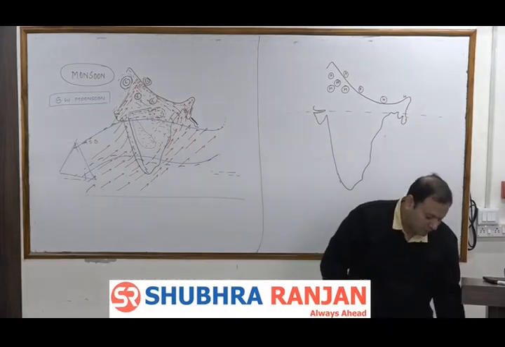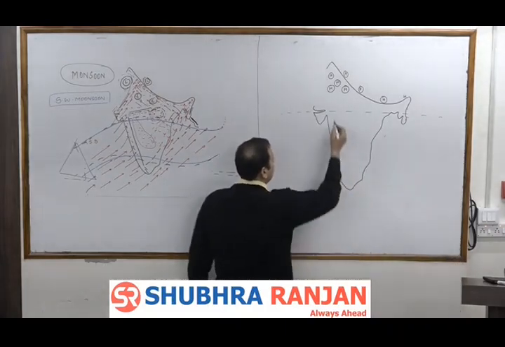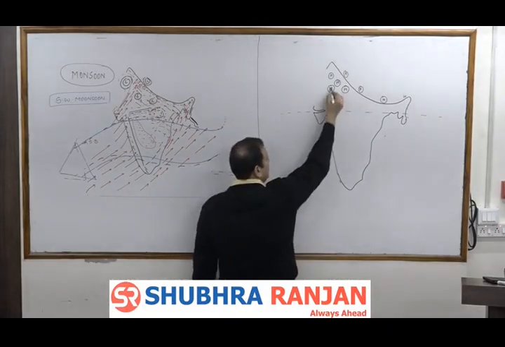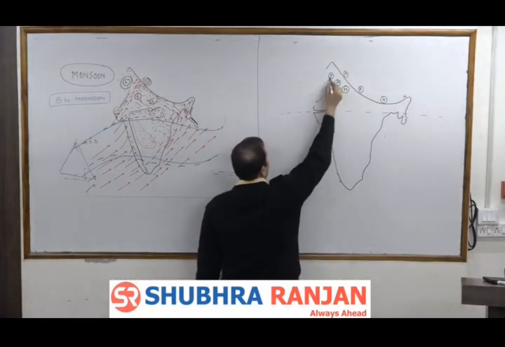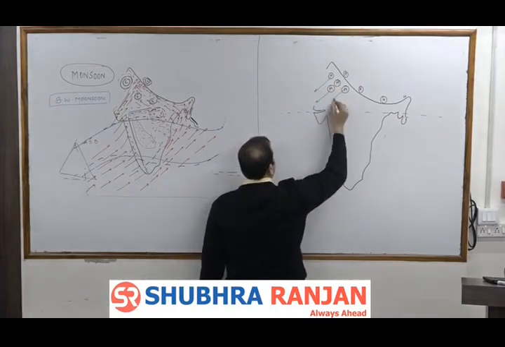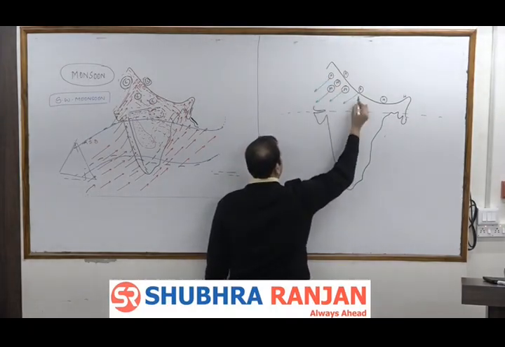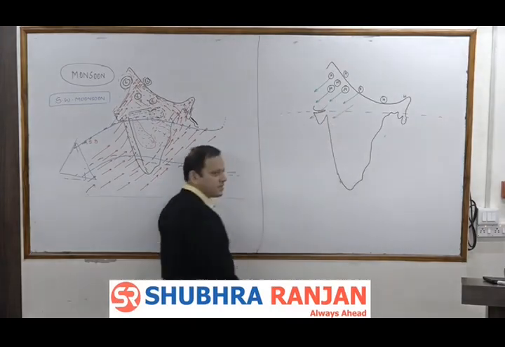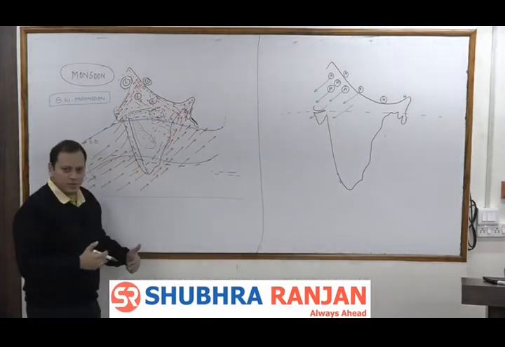So the law of the wind is high pressure to low pressure, but the Coriolis force will deflect it to the right. And therefore, the winds are northeastern in nature. Now, are they originating on the land? Yes. And are they offshore? Yes.